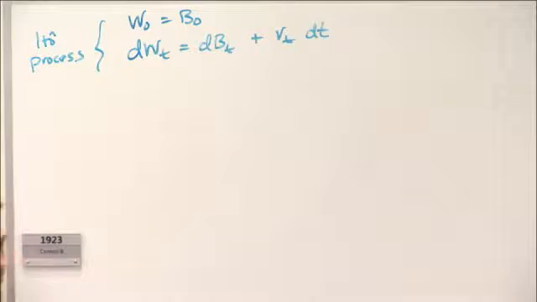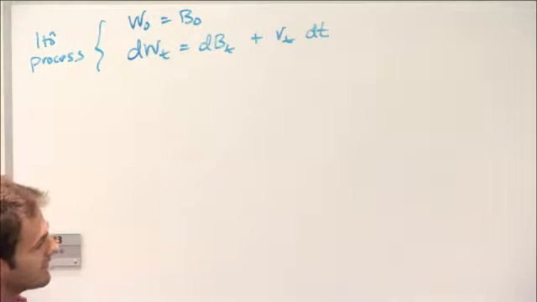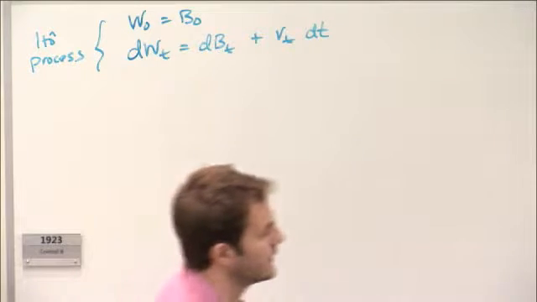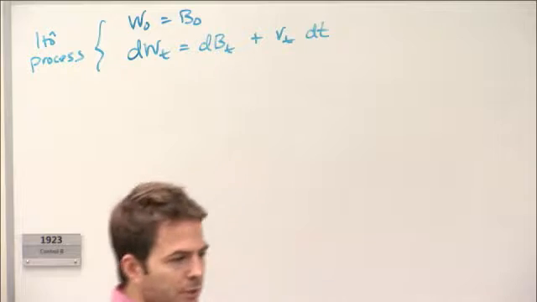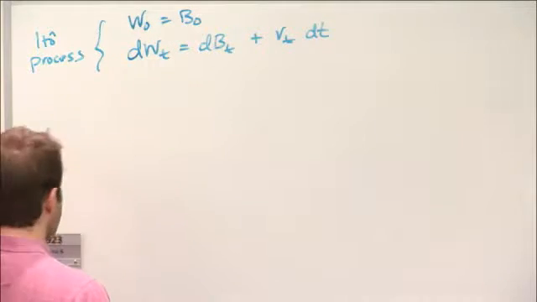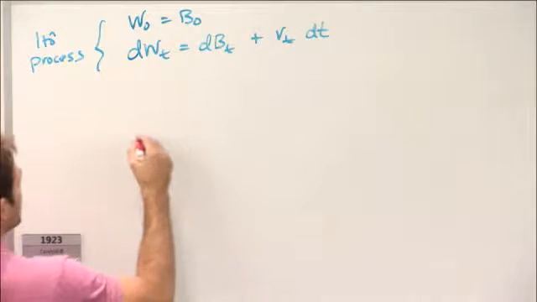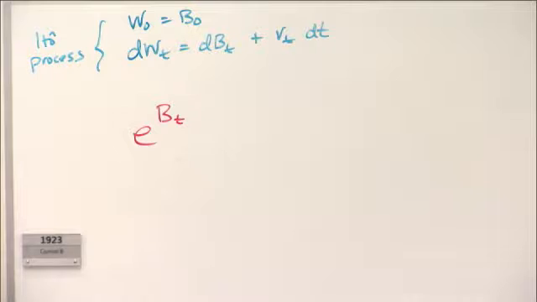Let me tell you what is the Ito calculus, and it's very simple, but it's somehow very powerful because it means that basically all the error terms that you wouldn't want to deal with go away in the Gaussian case. So here is probably the best way to understand the Ito calculus. Consider the function which is e to the Bt. So the exponential of Brownian motion, right?